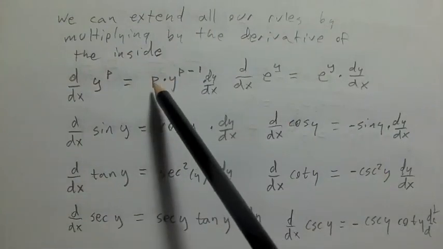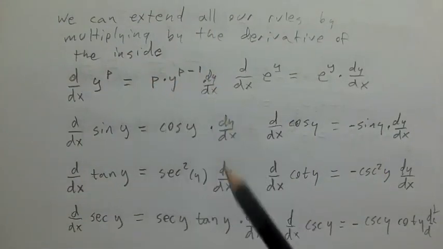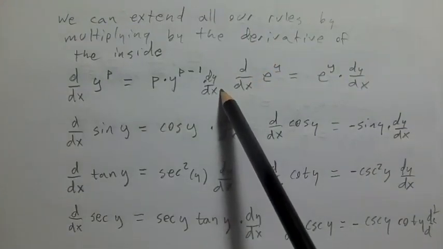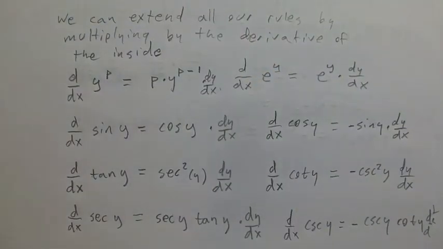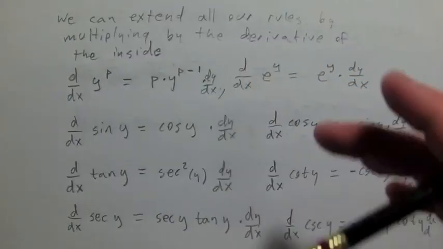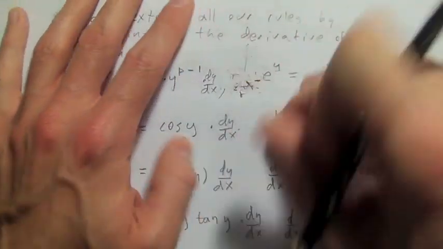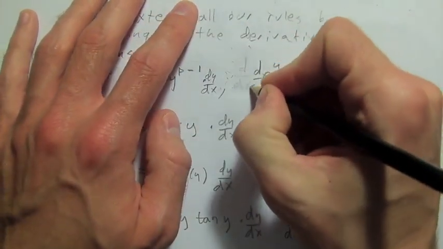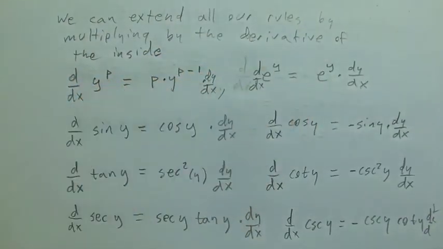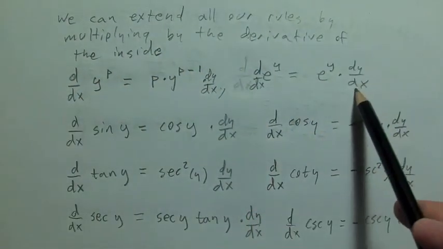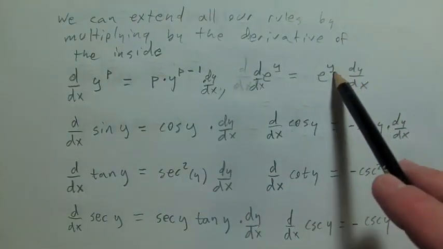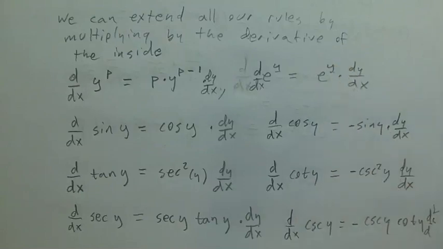What I'm going to end up getting is p times y to the p minus 1 times the derivative of the inside, which is this dy over dx. Then the derivative with respect to x of e to the y is itself, e to the y, but now I just need to make sure that I multiply by the derivative dy over dx, the derivative of the inside function y.